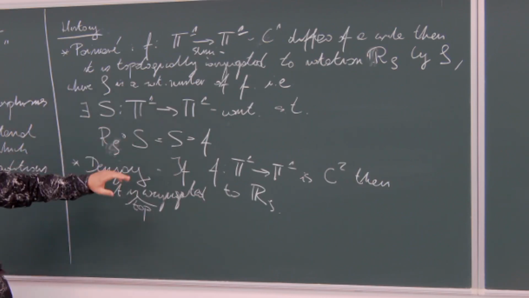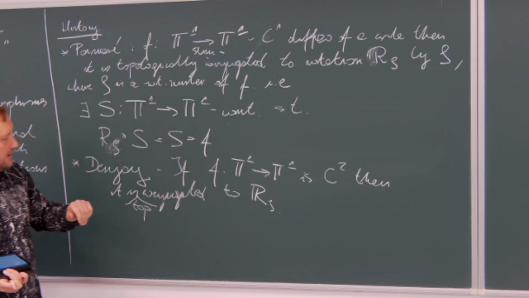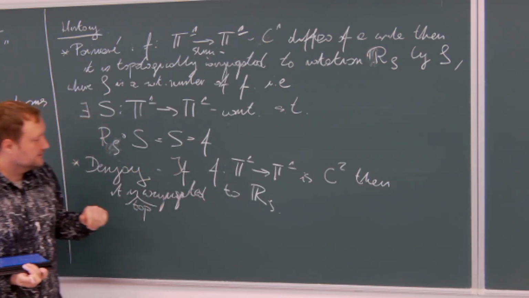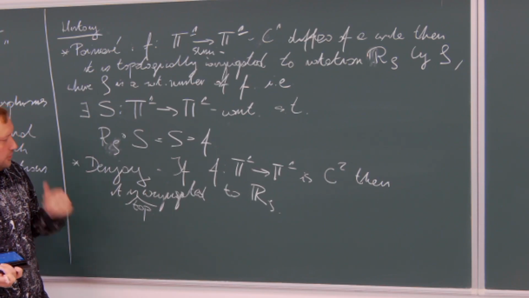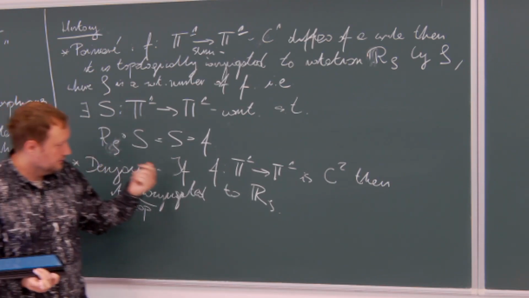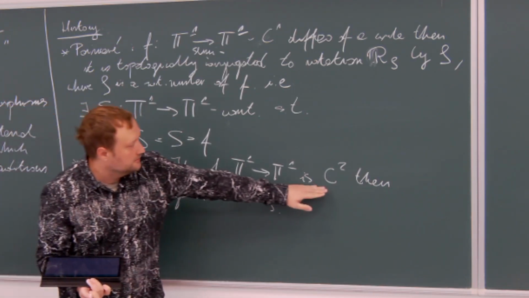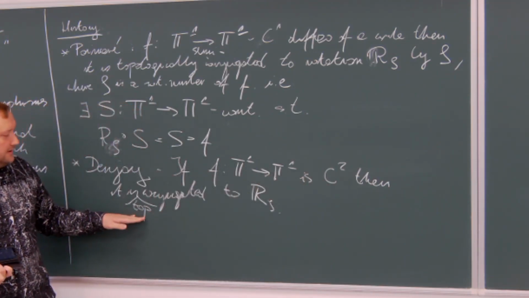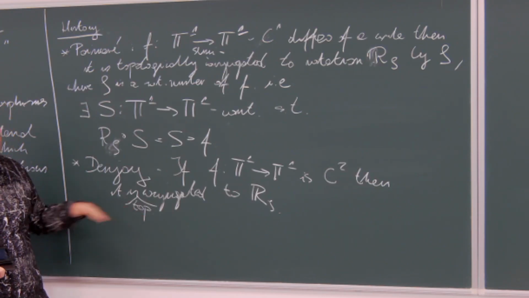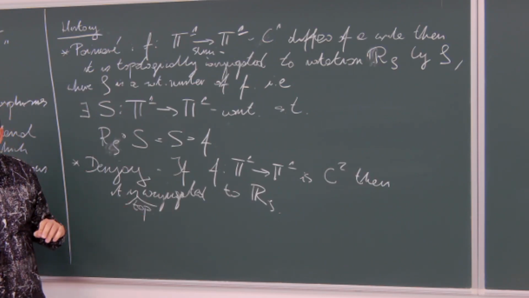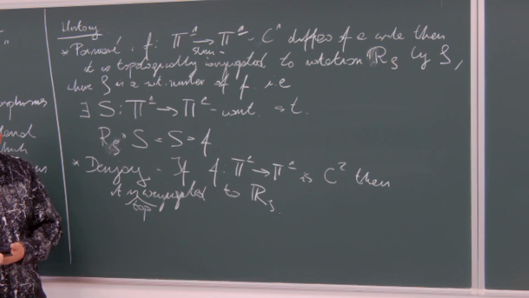So our function f is topologically isomorphic to rho, but we cannot say anything more. We assume C2, but we don't get any kind of smoothness on the conjugacy itself, and in general, we cannot.